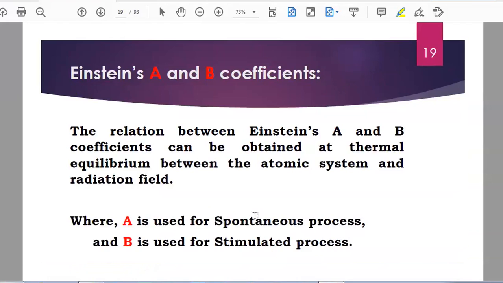Here thermal equilibrium is room temperature only. Whenever you talk about thermal equilibrium, it means a temperature where there is an equilibrium in the system. You cannot say thermal equilibrium is always at room temperature. It is an equilibrium where two systems are matching at the same temperature.